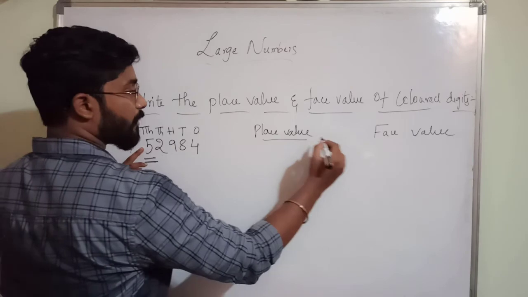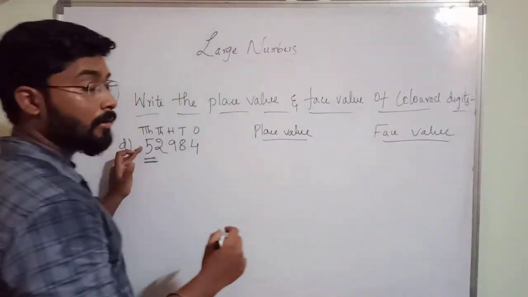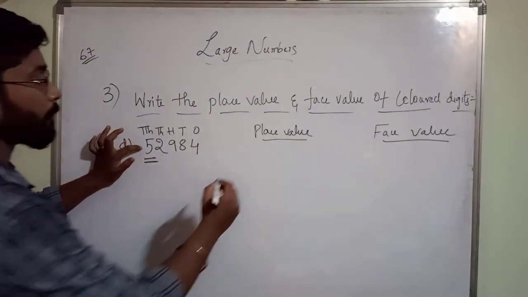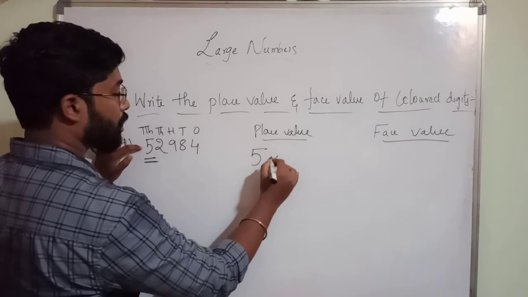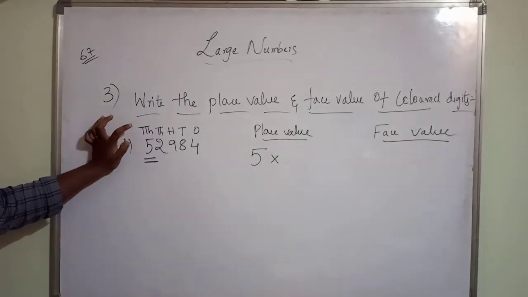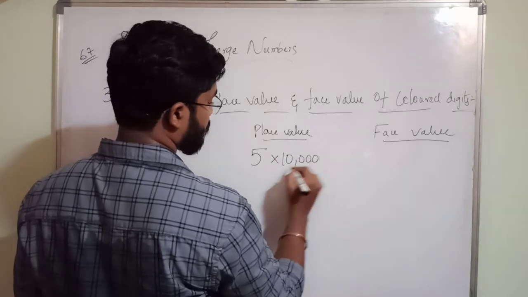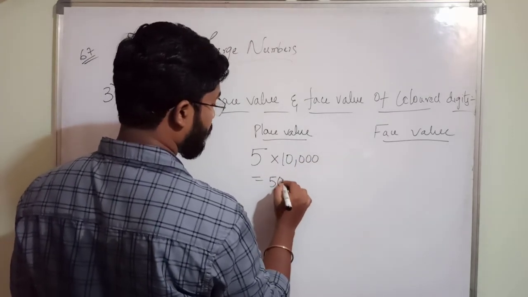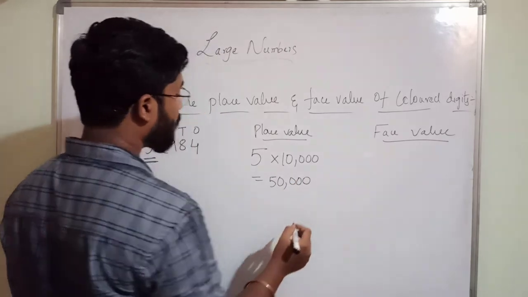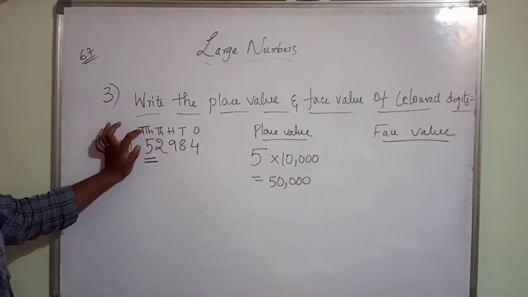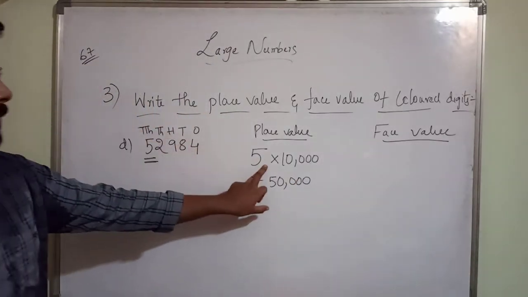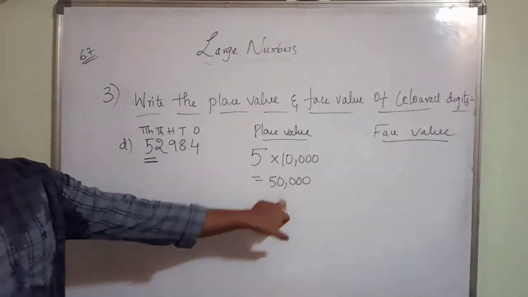To find out place value, what I have said, take the number, write it 5. Into which place? It is in 10,000s place. What you will get? 50,000. Clear? Number into the place. We will get 50,000.